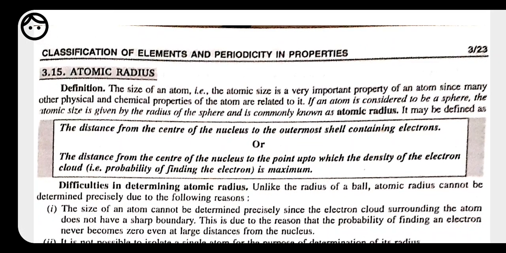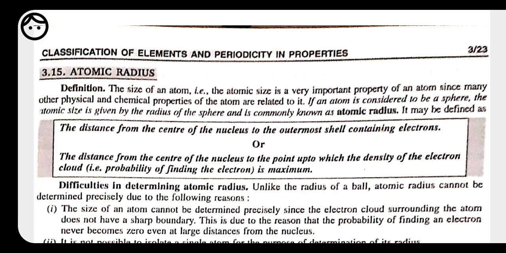So how do we know the size? We know that all the elements are spherical, because here we are talking in 3 dimensions. In 3 dimensions the circular shape is taken as a sphere, and because they are present as a sphere, we can see the size on the basis of their radius.